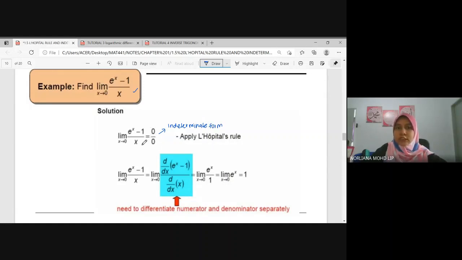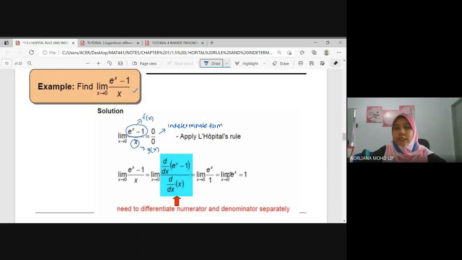We have to differentiate f(x), the numerator, over g(x), the denominator. So we differentiate the numerator, which is equal to e to the power x, over the denominator, x, which is equal to 1.